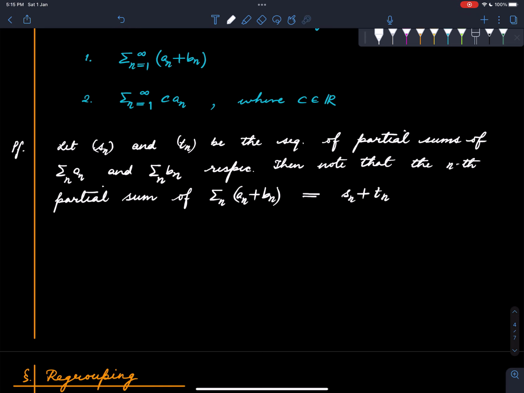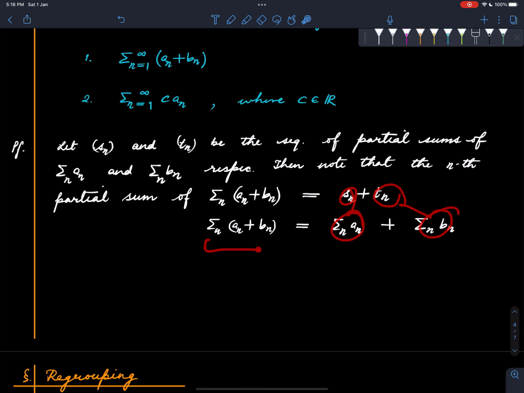and since the sequences Sn and Tn converge individually, this particular sequence also converges, and in fact what we see is that the sum of this series is that. So this is the limit of Sn and that is the limit of Tn, and we can write this.